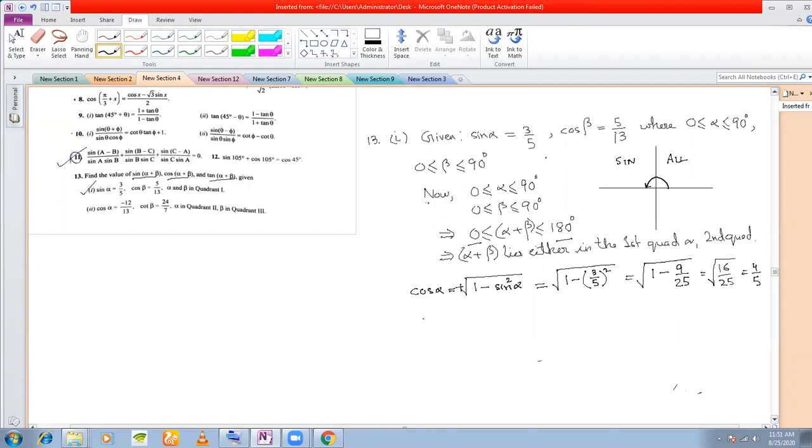Okay, and I will also find sine beta, because with the help of sine alpha I am finding cos alpha, and with the help of cos beta I am going to find sine beta.